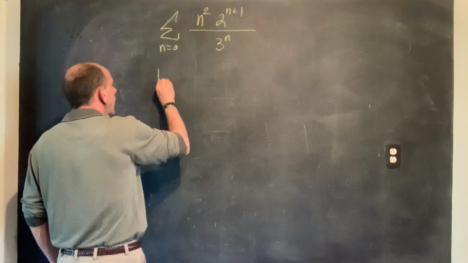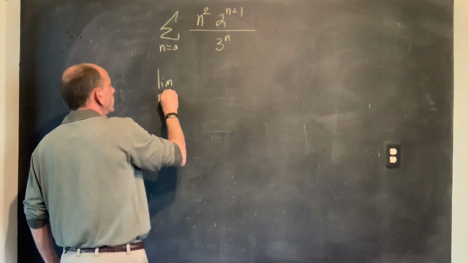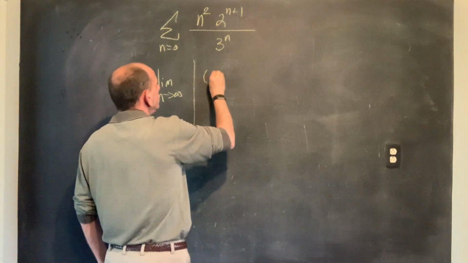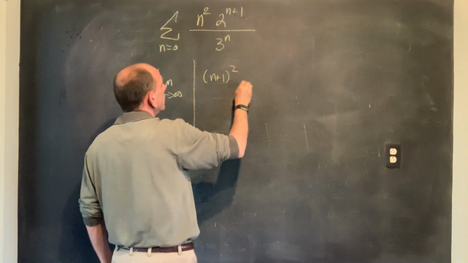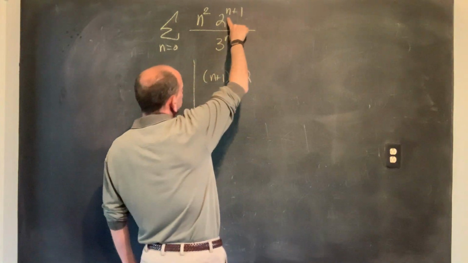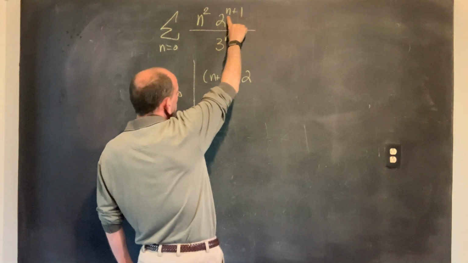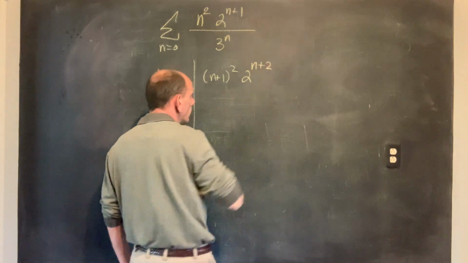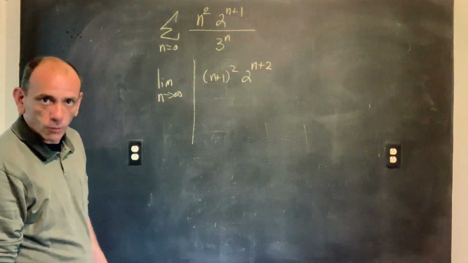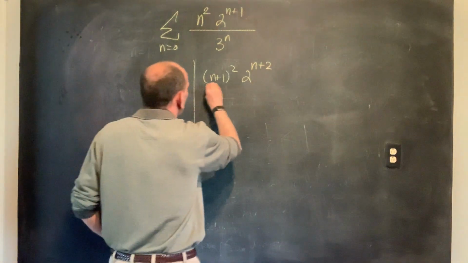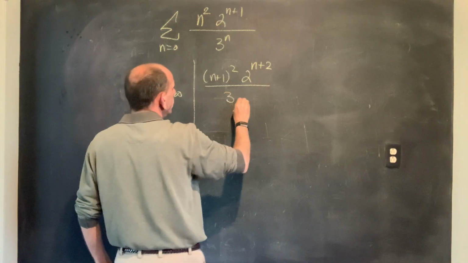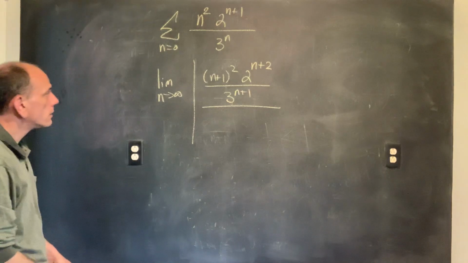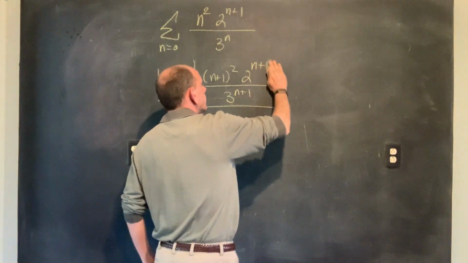So I'll just look at the limit as n goes to infinity, the absolute value. I've got n plus 1 squared, 2 to the, now this is n plus 1 plus 1. So I've got n plus 2, that's n plus 1 plus 1, over 3 to the n plus 1. Maybe we'll just leave it. It's just weird for me.